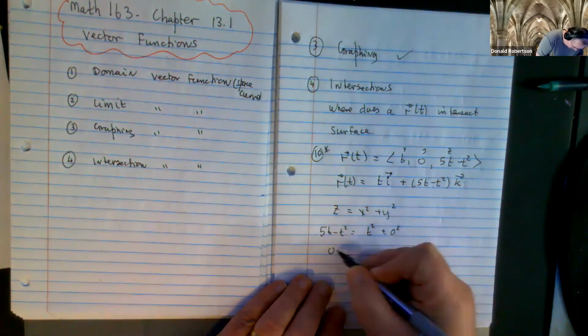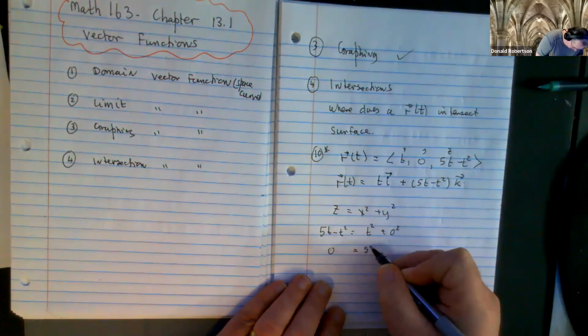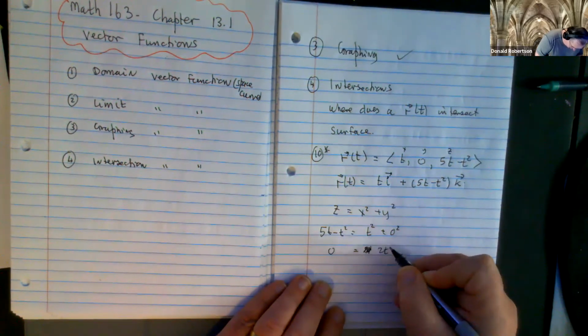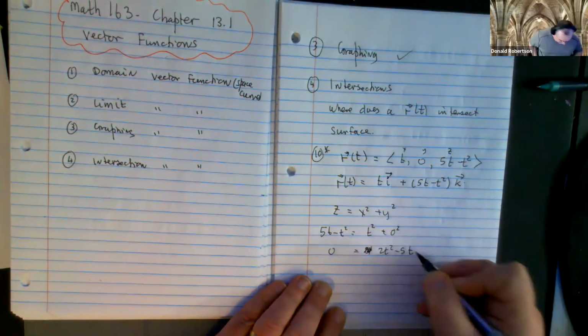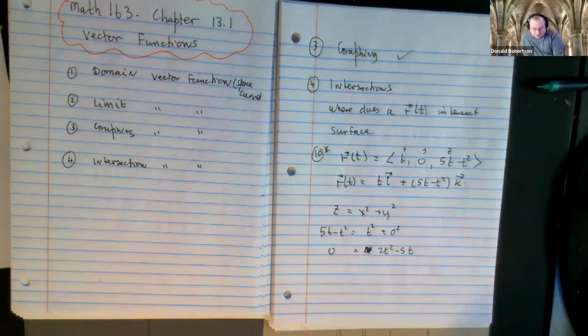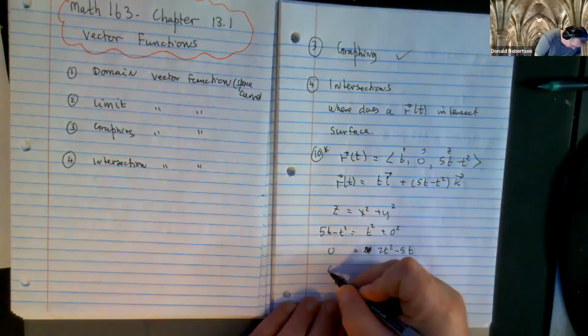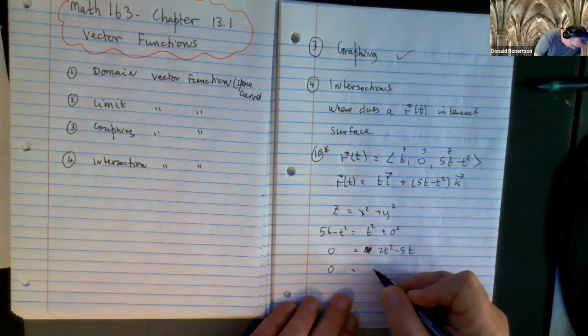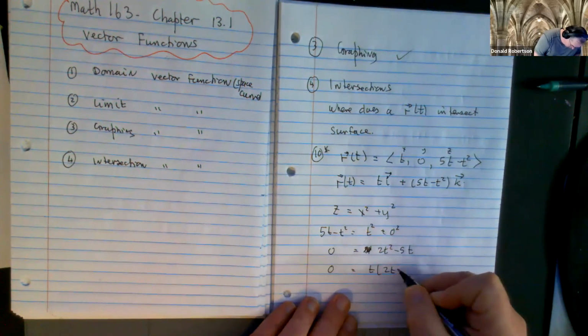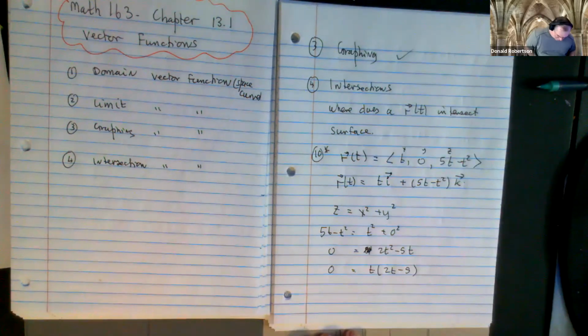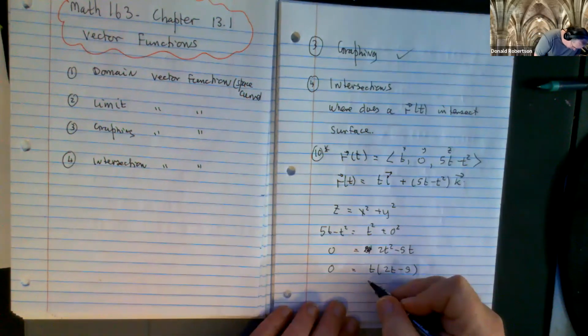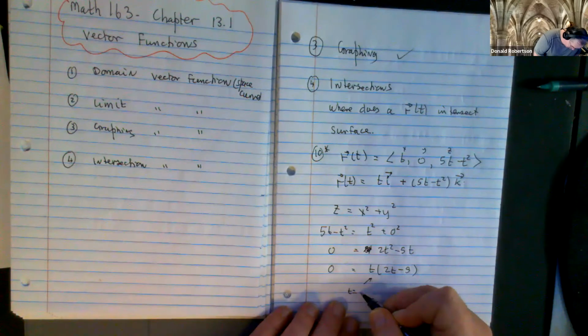Now, in this particular case, I think I'm going to move everything over to this side. Are you okay with that? Add a t squared, take away 5t from both sides. I don't want to make my life too hard, so I'll just pull out t as a common factor, and that gives me two solutions.